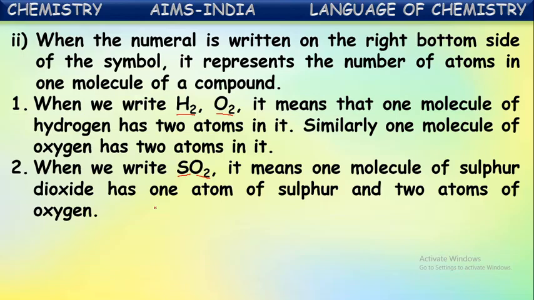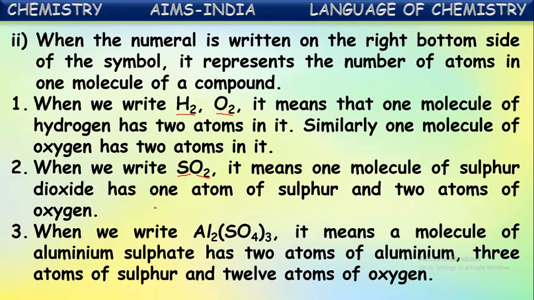Next, aluminium sulfate has the molecular formula Al2(SO4)3, that is, SO4 taken thrice. It means a molecule of aluminium sulfate has 2 atoms of aluminium, and how many atoms of sulfur?